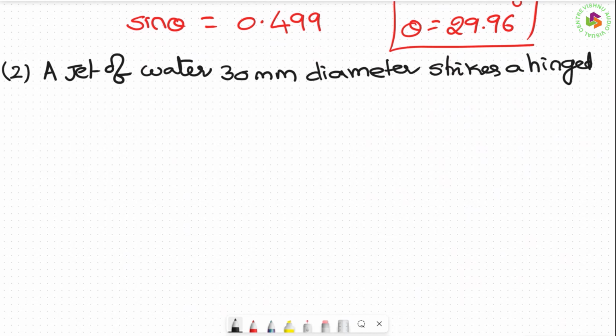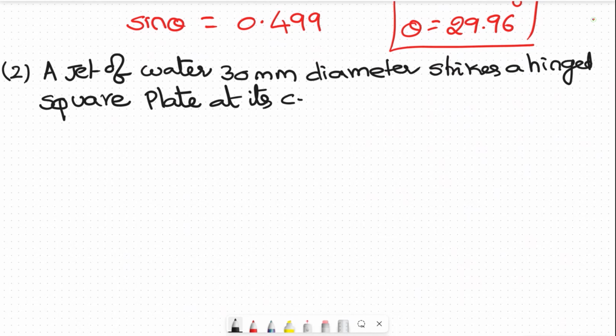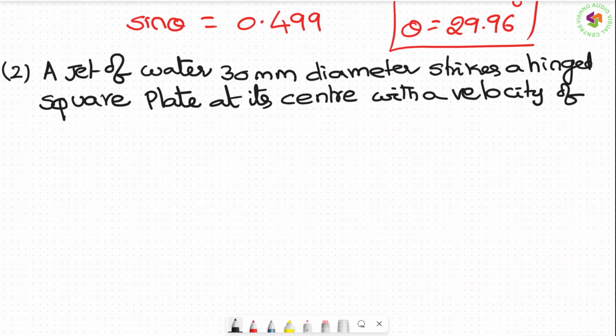The moment you read the word hinged, you should be able to take it at its center with a velocity of 20 meters per second.